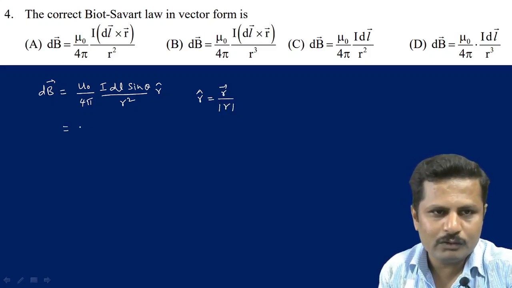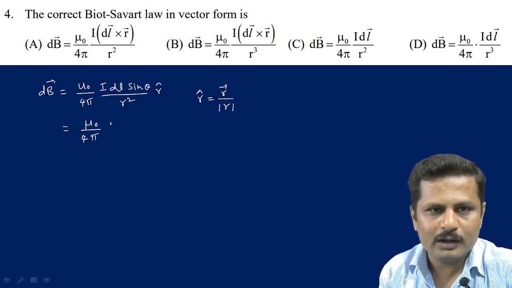when we substitute r cap, this becomes mu naught divided by 4 pi, I dl sin theta, divided by r square. In place of r cap I am now writing r vector divided by magnitude of r.